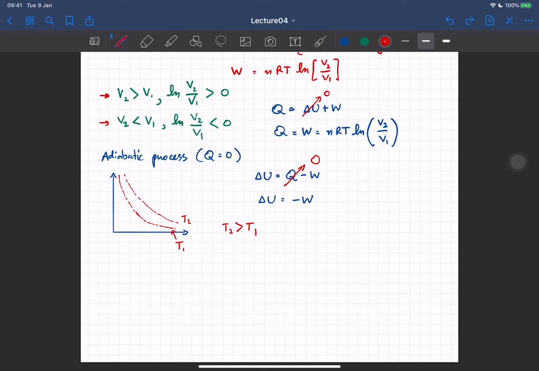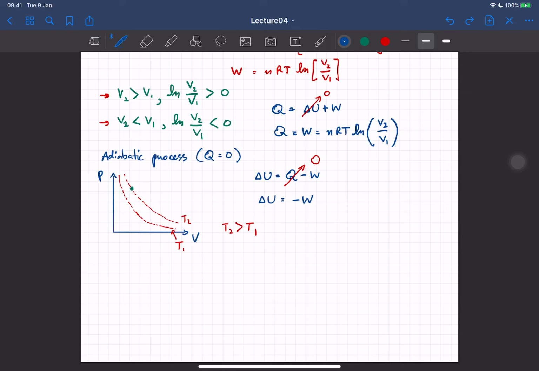Okay, so if you move from anywhere on this isotherm to anywhere on the other isotherm, you reduce the temperature. Okay, so the adiabatic process, usually the way to describe it is it's going to be a little bit steeper than the isotherm. For example, if you start from here as the starting point on the P and V diagram, isothermal process follows the isotherm, so it's going to follow that hyperbola.